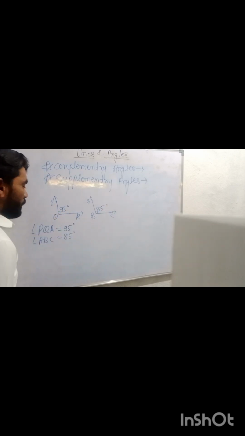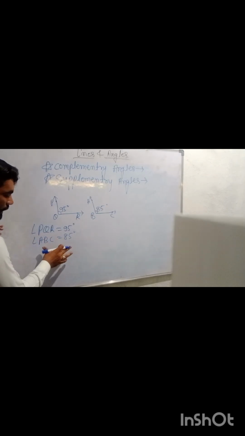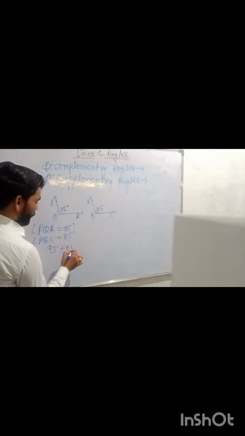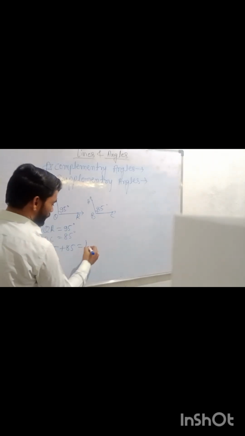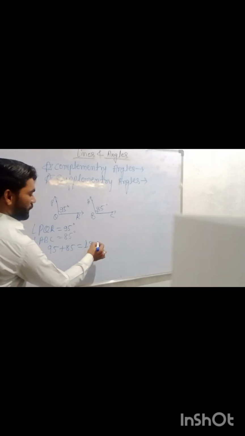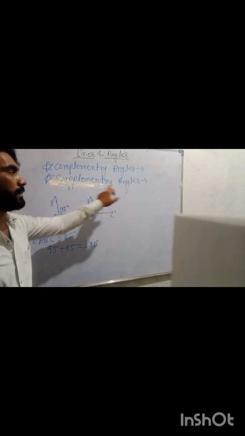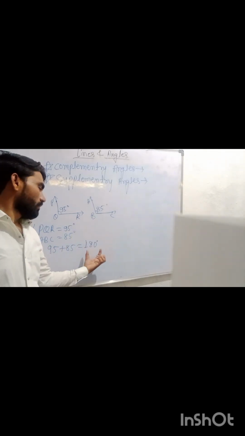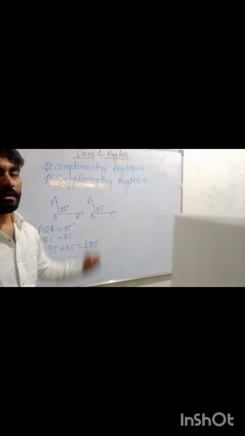When we add 95 plus 85, we get 180 degrees. So these angles are called supplementary angles because their sum is 180 degrees.